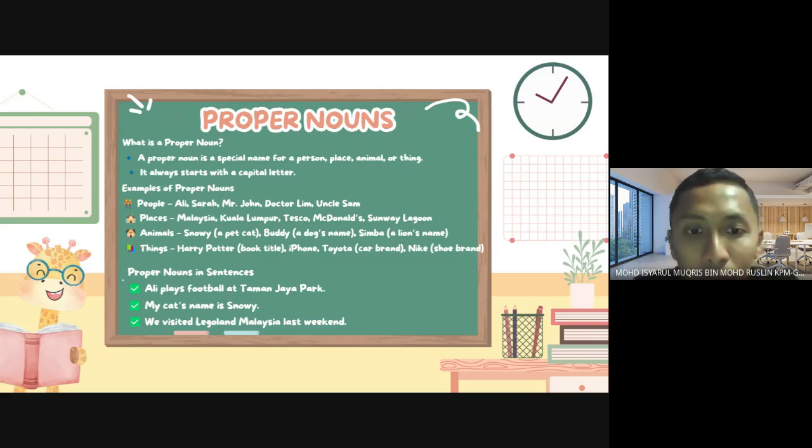This material is flexible. It can be used as printed material or teachers can adapt it into digital tools like PowerPoint or Canva. The teacher can turn on the laptop and present it through Canva or PowerPoint instantly.